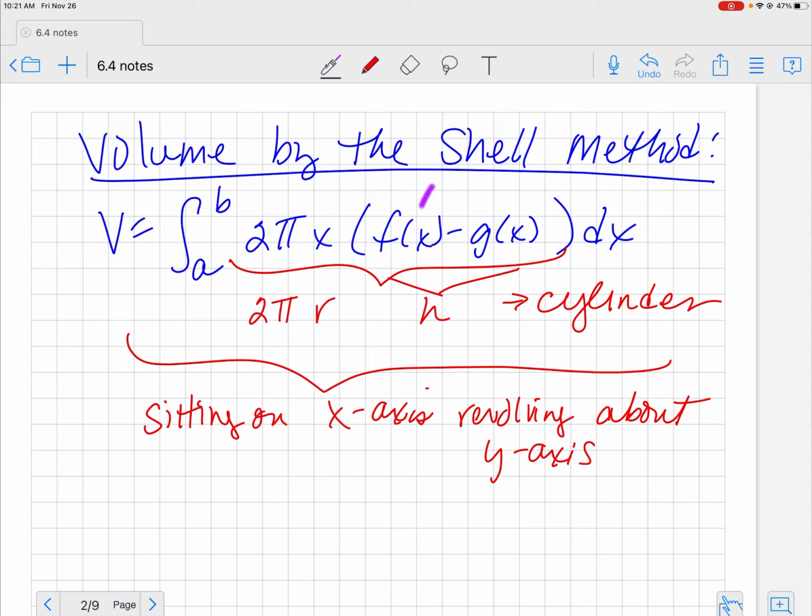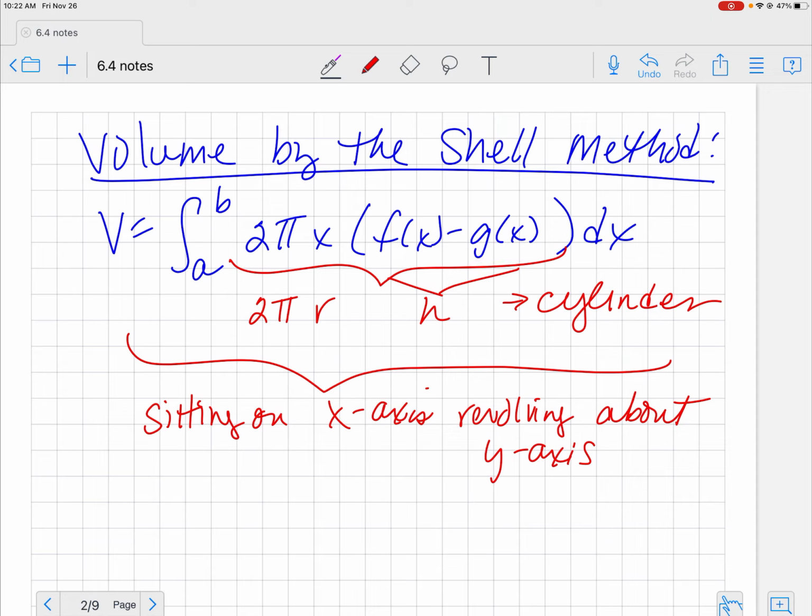Now here, this is saying my top function minus my bottom function, and we're just putting this on here in case I have a bottom function. If I'm sitting on the axis, then my bottom function is just going to be 0, because that's y equals 0. That's the x-axis that I'm sitting on. So it's not that big of a deal.